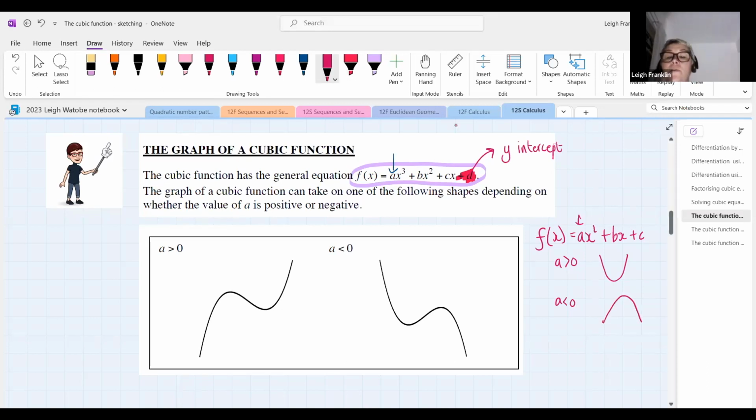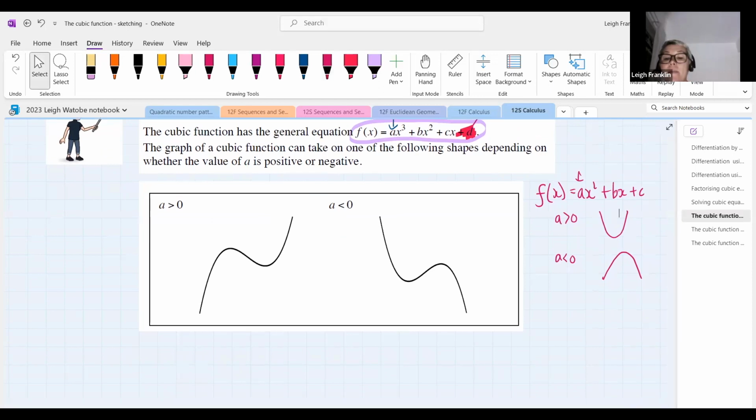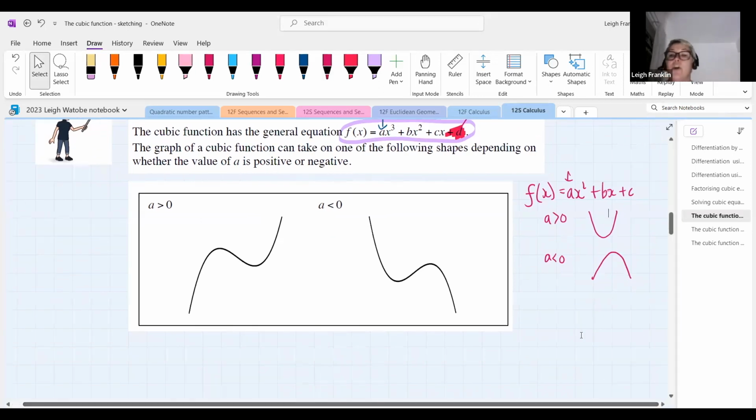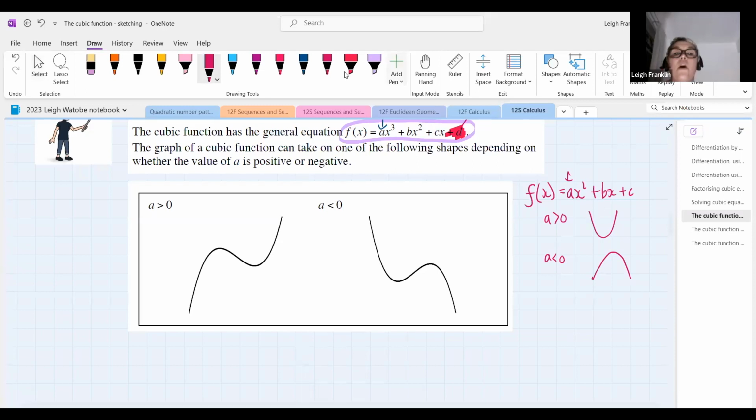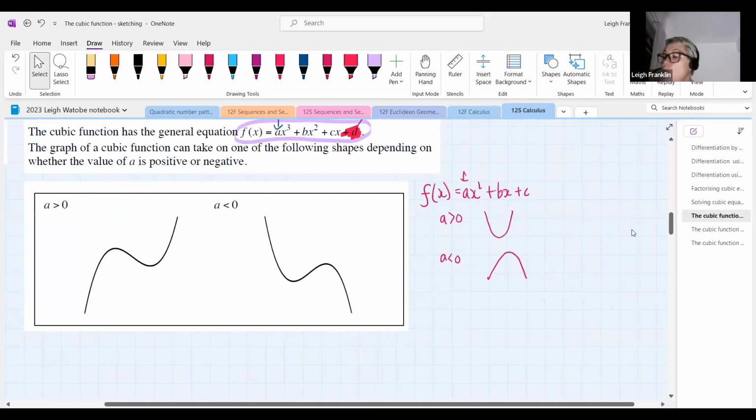When we get to matric, we learn names for this. They never talk about concavity before matric, but they talk about it now. So when our graph is a smiley face, we would refer to this formally as concave up.